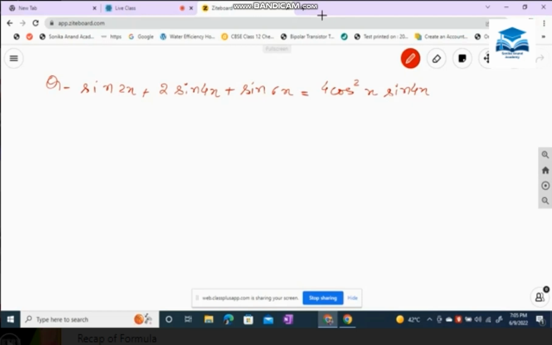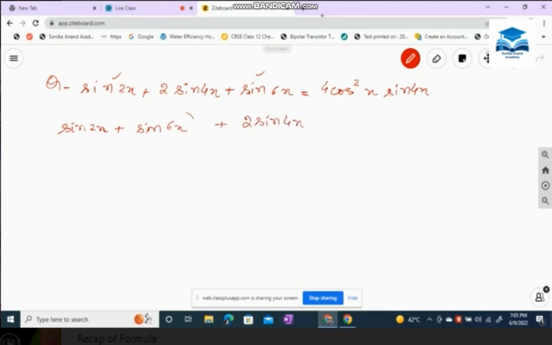Now you can see that there are a lot of terms, so we have to group one by one. It is preferable to make this and this in a group. So we group like this, sin 2x plus sin 6x. And another group we can take 2 sin 4x.